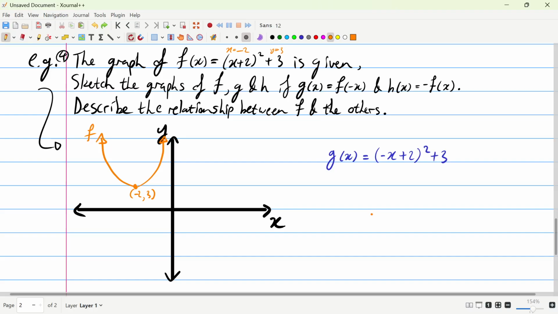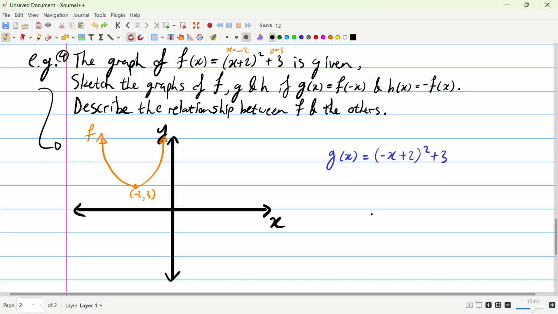So we are going to negate x, and whenever we are negating x, what axis are we actually reflecting about? Well, that would be g, right? Because whenever we're changing the sign of x, that means we're reflecting about the y-axis, okay? Meaning that the x values will change to a positive.